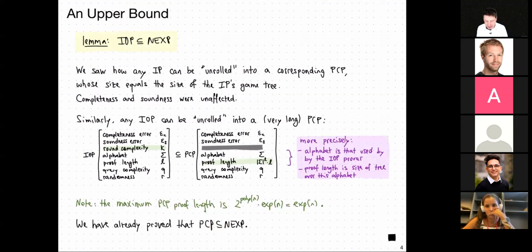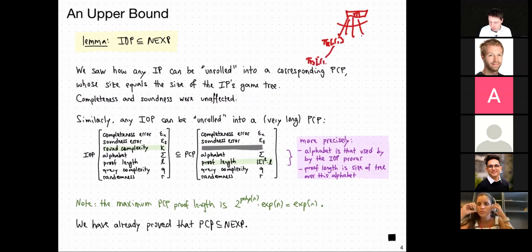But there's a good question here: why is it sigma to the L? I guess with proof length here I was imprecisely thinking also of the length of the verifier messages. If every verifier message is of length at most L over alphabet sigma, that determines the fan out of possible next messages. So we have an original message from the prover, pi1, then there is pi2 for R1, then there is a possible pi3 for R1, R2.